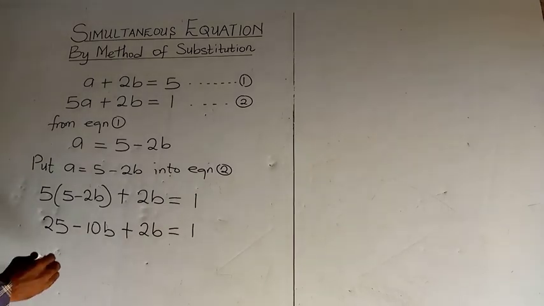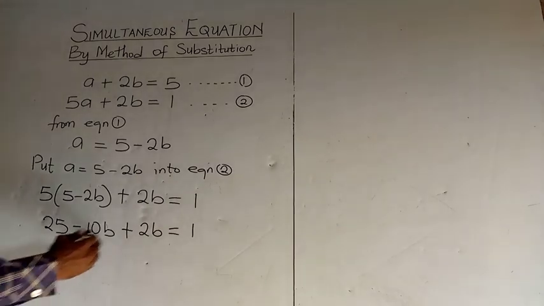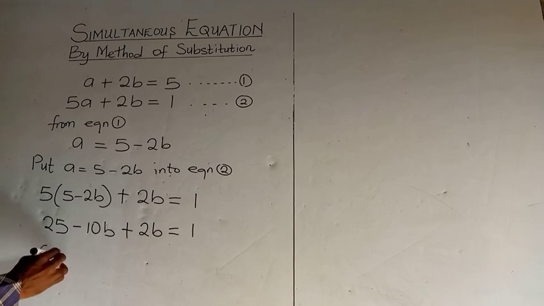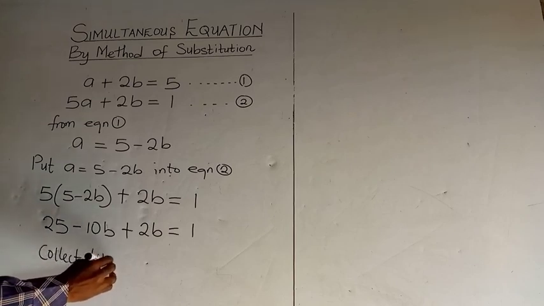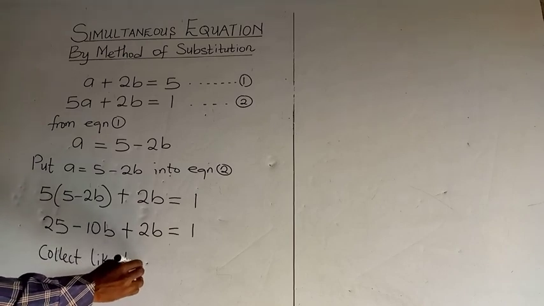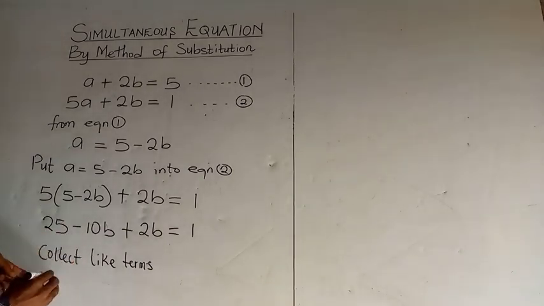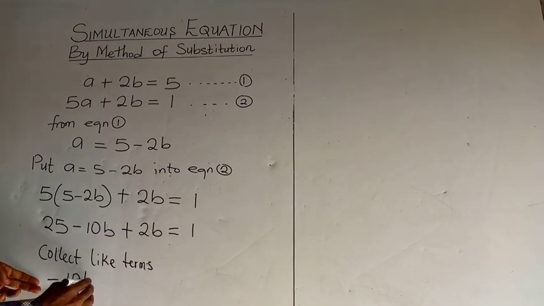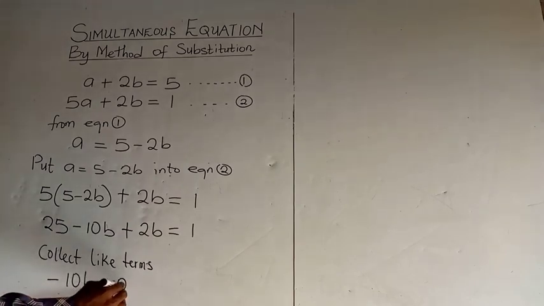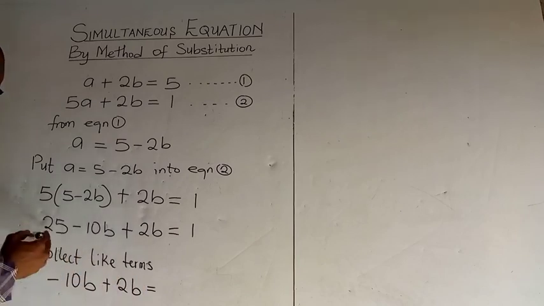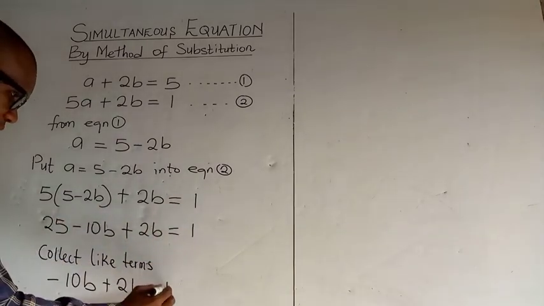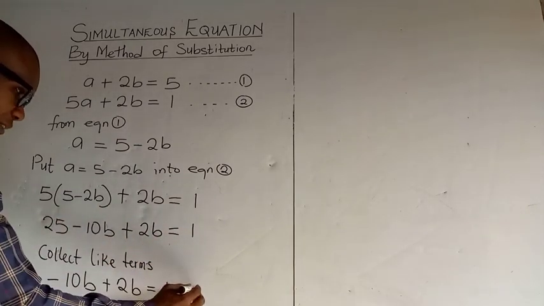So all we need to do is to collect like terms. That means the values that resemble. So we have minus 10b plus 2b equal to, this 25 will move over to this side to give us 1 minus 25.